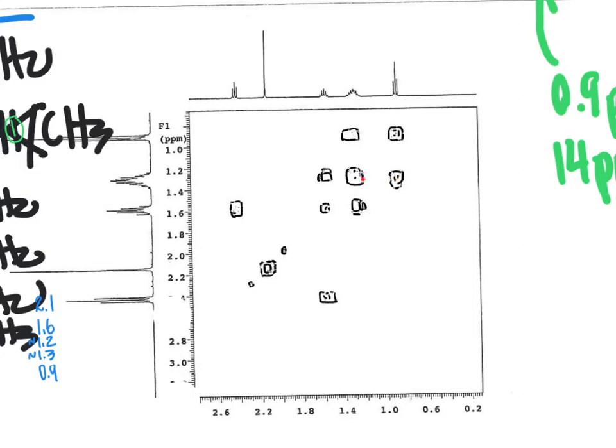The other thing that we have to keep in mind is that if we are looking right here at this region that's very close to the diagonal, we would not be able to tell apart a signal that is a cross peak versus part of the diagonal. So right here in this region, that's sort of no man's land in that this could be part of the diagonal. It could also be a legit signal showing up there.